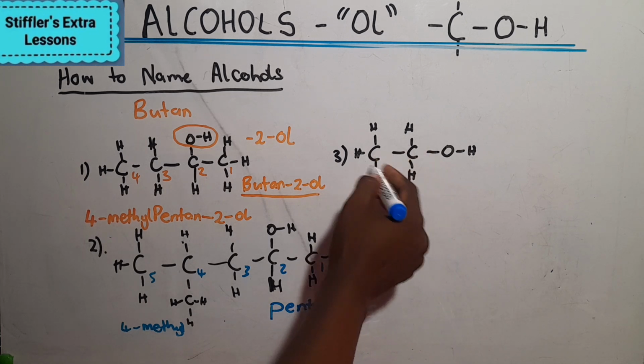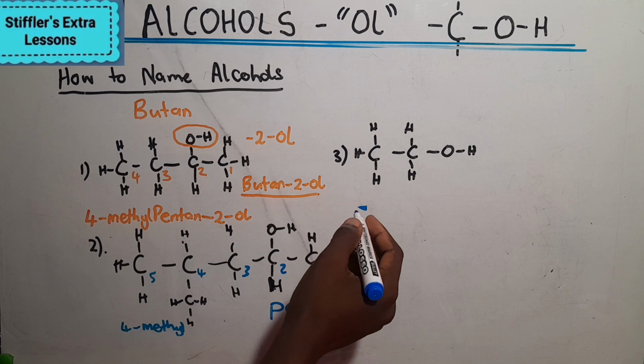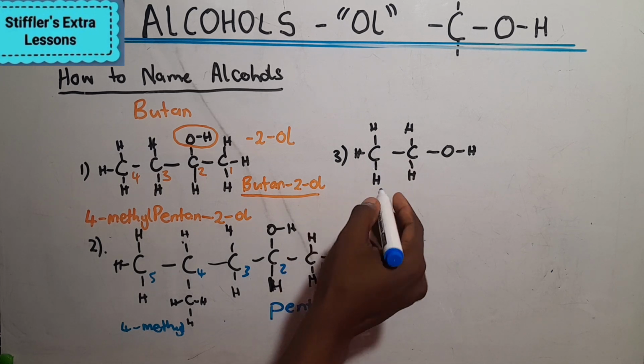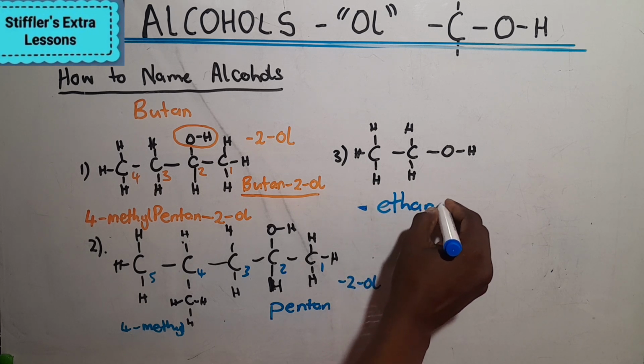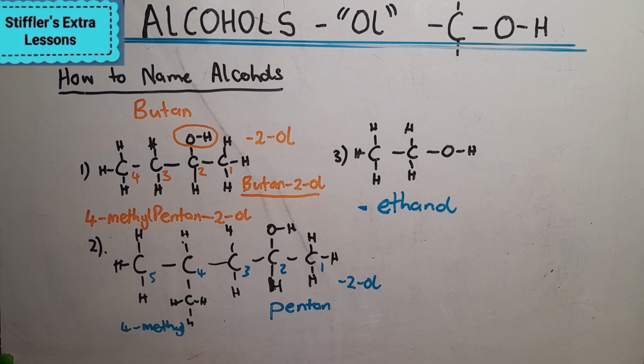So we name this as if we are naming the alkane. 2 carbons means that it's ethane, and we have the alcohol there. So this just becomes ethanol. There's no need to number the carbons. We start numbering the carbons when we have 3 or more carbons in the chain. I hope you got this right and we are able to name, right?